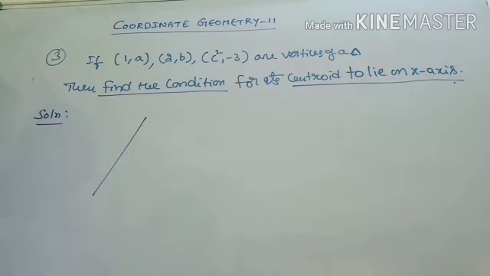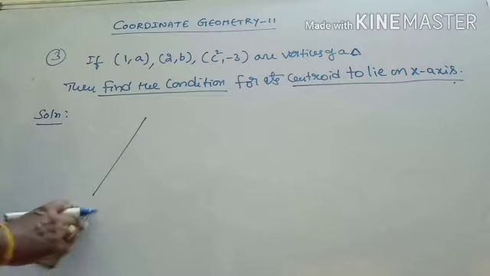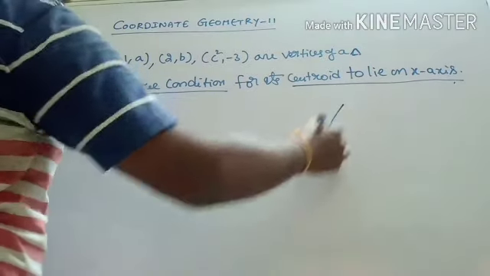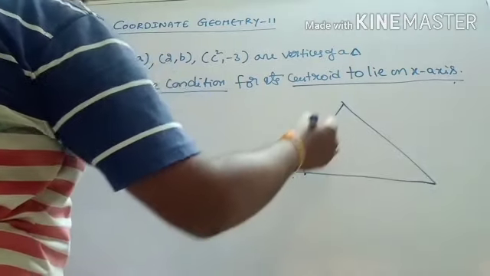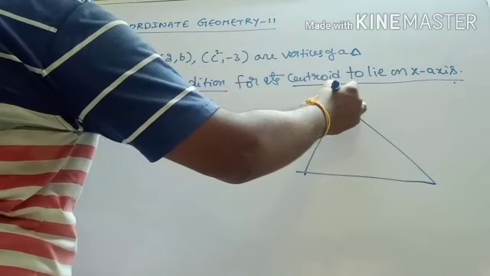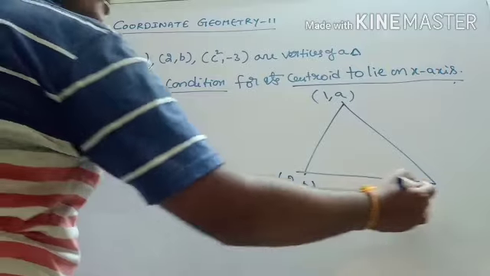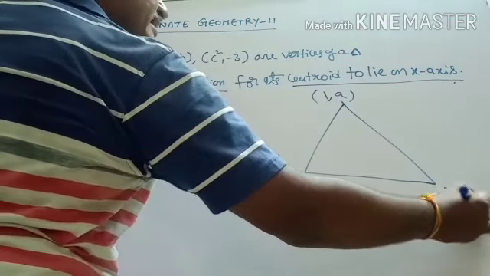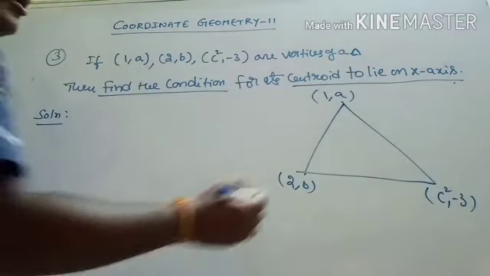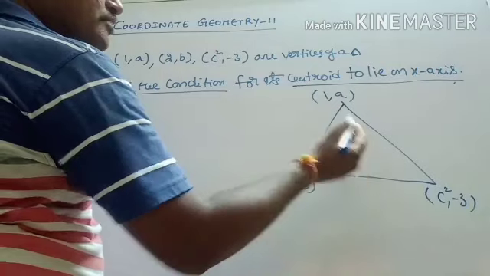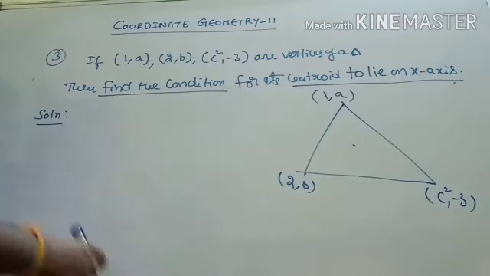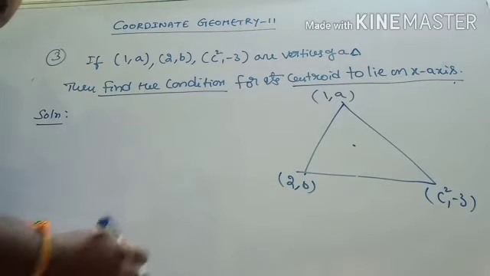Now let us try to do our problem. You see, my dear students, this is the triangle we have here. Take (1, a) and (2, b), and (c square, -3). Now the centroid, how do we find it? It is (x1 plus x2 plus x3) by 3 and (y1 plus y2 plus y3) by 3.